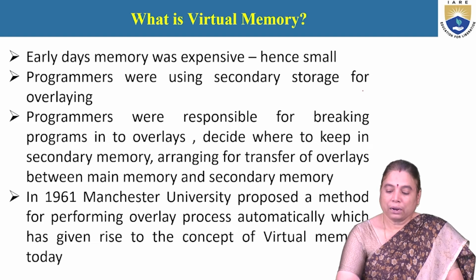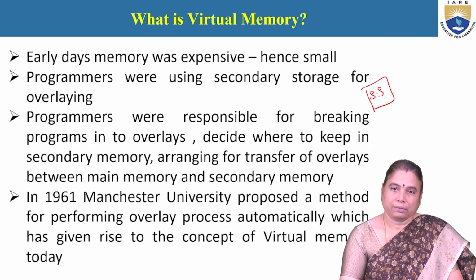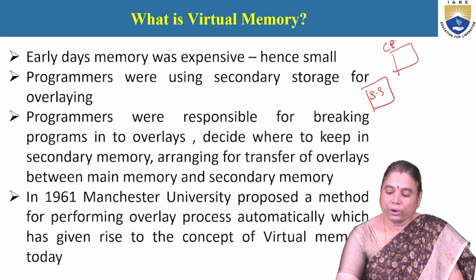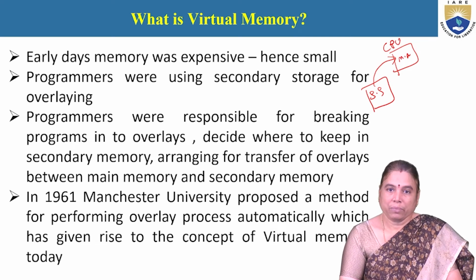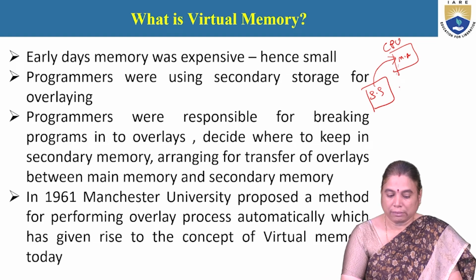So, these programs are generally stored in the secondary storage devices. And whenever the CPU wants to execute, these have to be transferred to the main memory for processing. In this way, the programs can be traversed between the main memory and the secondary storage.